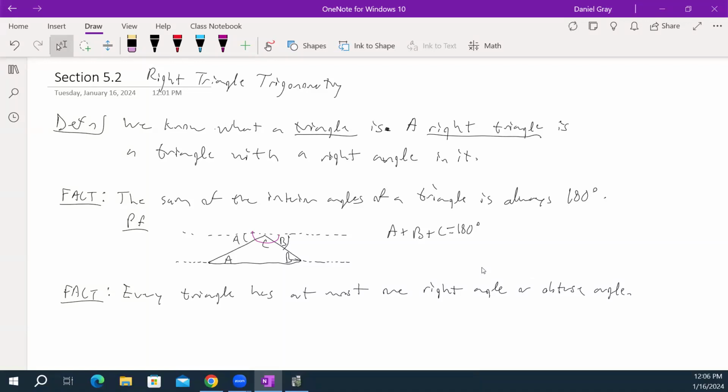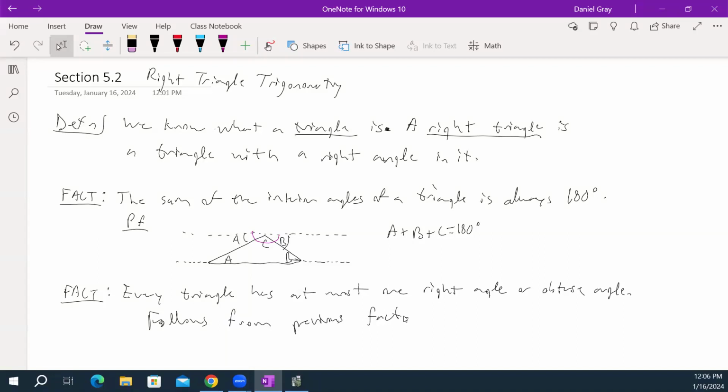Suppose you had two angles that were greater than or equal to 90 degrees. You add them up and you get something bigger than 180 degrees, so the third angle would have to be negative, or zero. So this follows from the previous fact: you can only have at most one right angle or obtuse angle in any triangle.